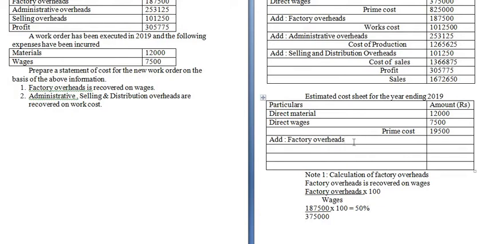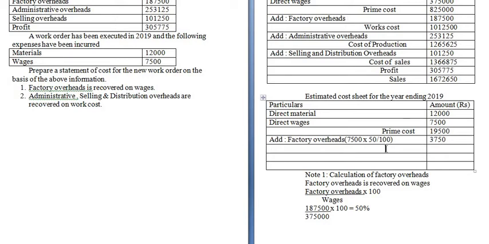Now check how much the wages amount is. In brackets write 7,500 into 50 divided by 100, that is 50%. That will be 3,750.